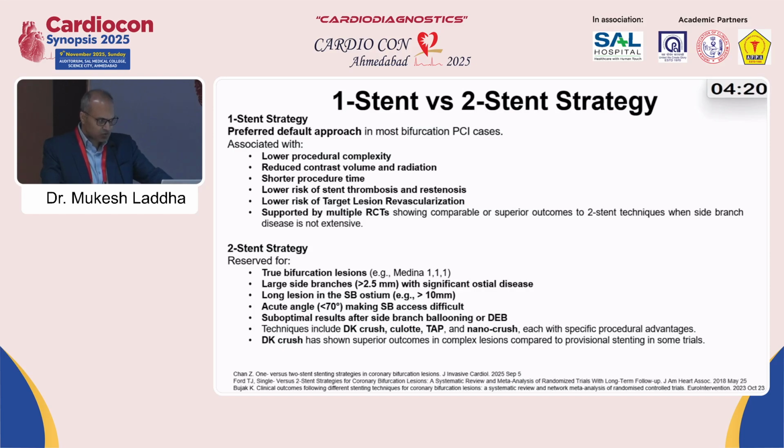The two stent strategy is mainly indicated when there are two bifurcation lesions like this Medina 111, or large side branches more than 2.5 mm, longer lesion disease more than 10 mm, or acute angle that is very difficult to assess after the main vessel angioplasty, or suboptimal results or very bad dissection after the main vessel angioplasty. Then you need a two-stent strategy.